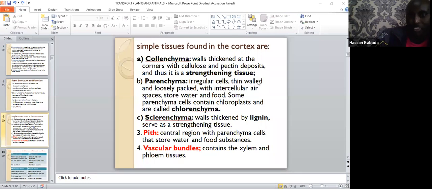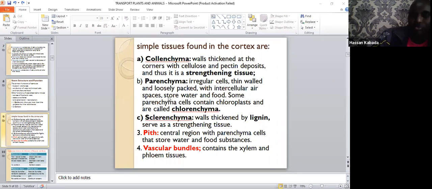Parenchyma, irregular cells, thin-walled, loosely packed with intercellular air spaces for storage of food. So this one is mainly for storage of food, the parenchyma, because of the spaces that are there. The parenchyma cells are loosely packed, hence they carry out the function of storage of water, food, and all that. They also allow air to pass.